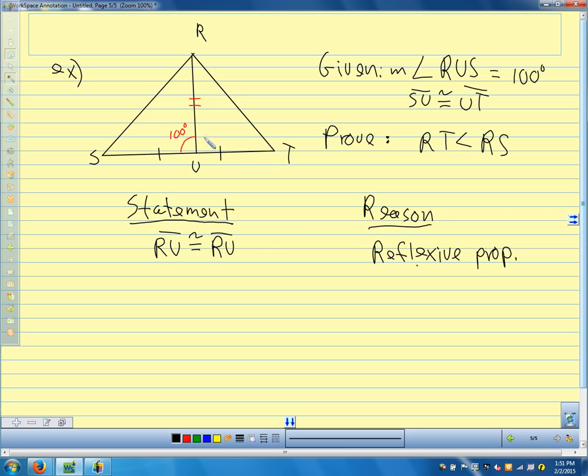What do these two together make? 180. So what is RUT? 80. So I'm going to write that down. Measure of angle RUT is 80 degrees. What would my reason be for that? What do we call that kind of pair of angles? A linear pair. They're supplementary.